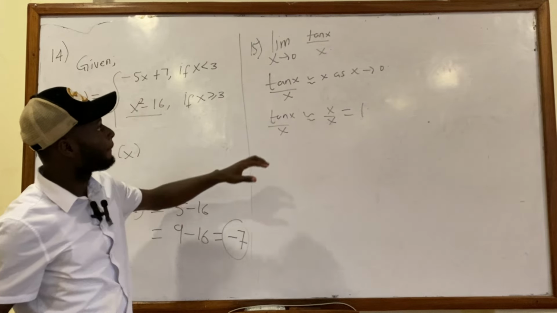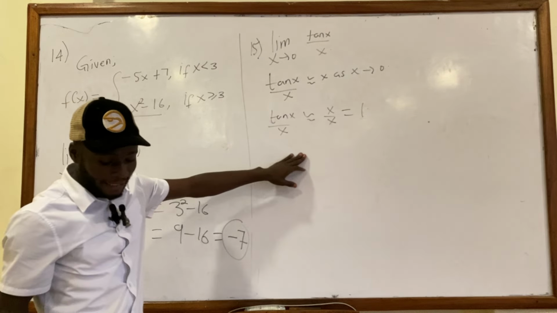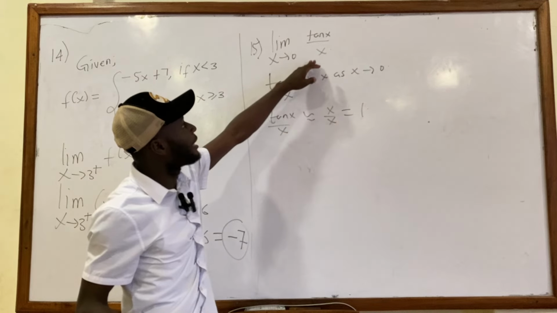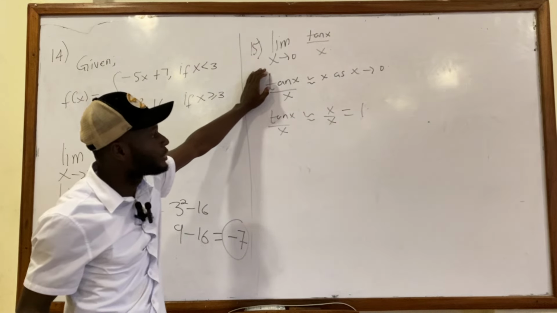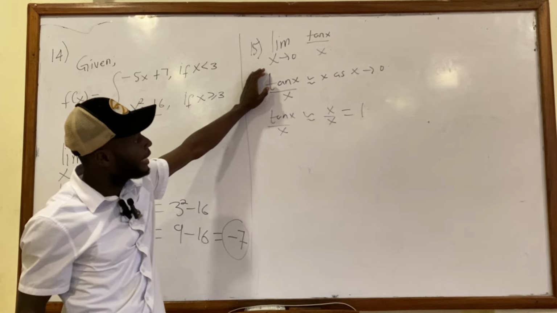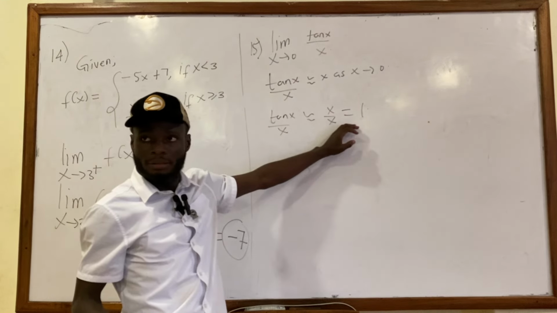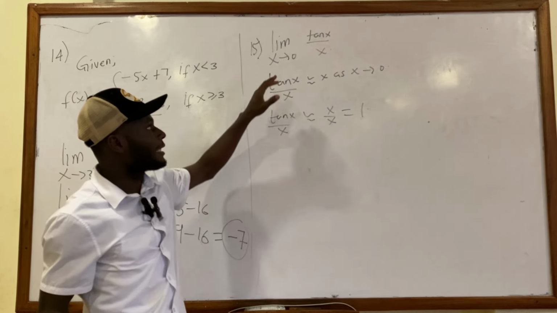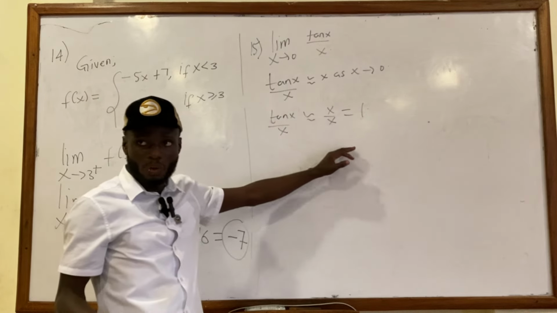So the limit of tan x over x as x approaches 0 is equal to 1.